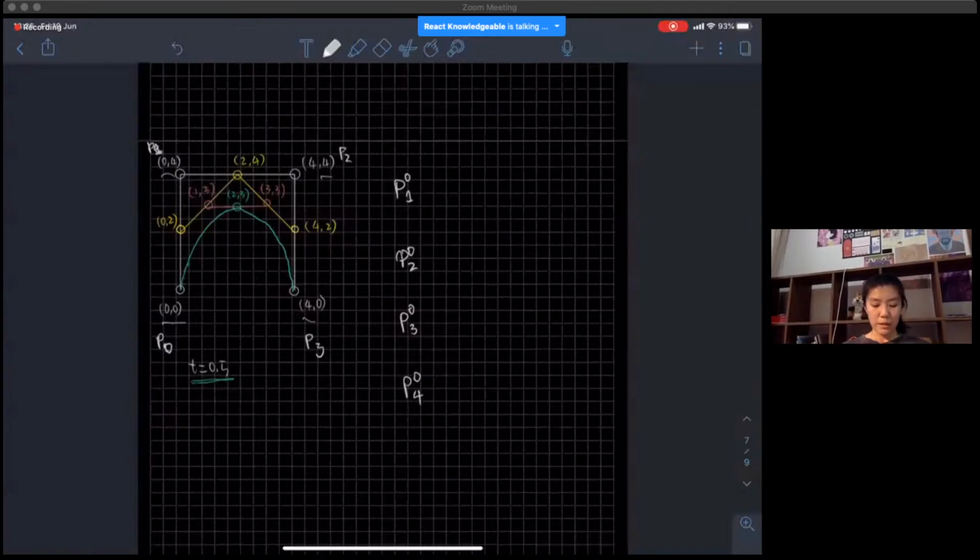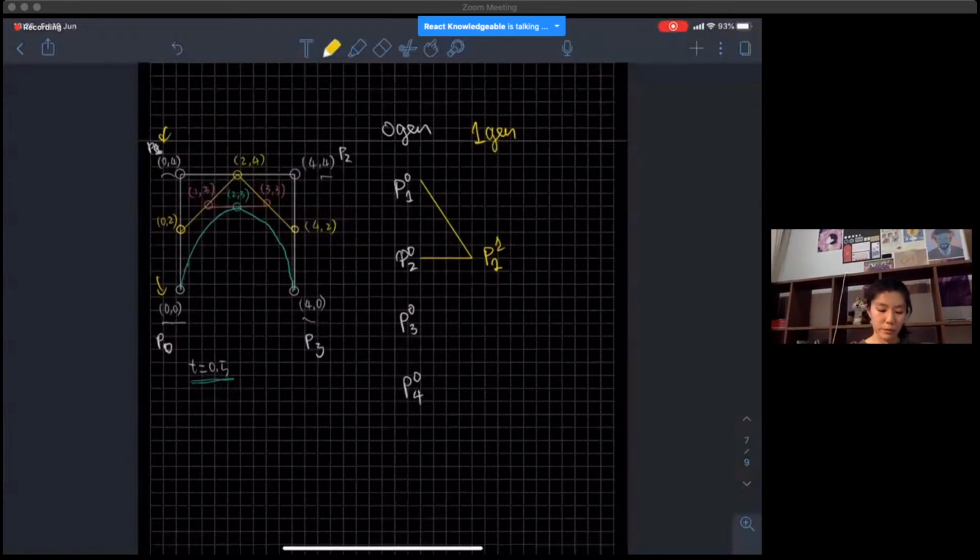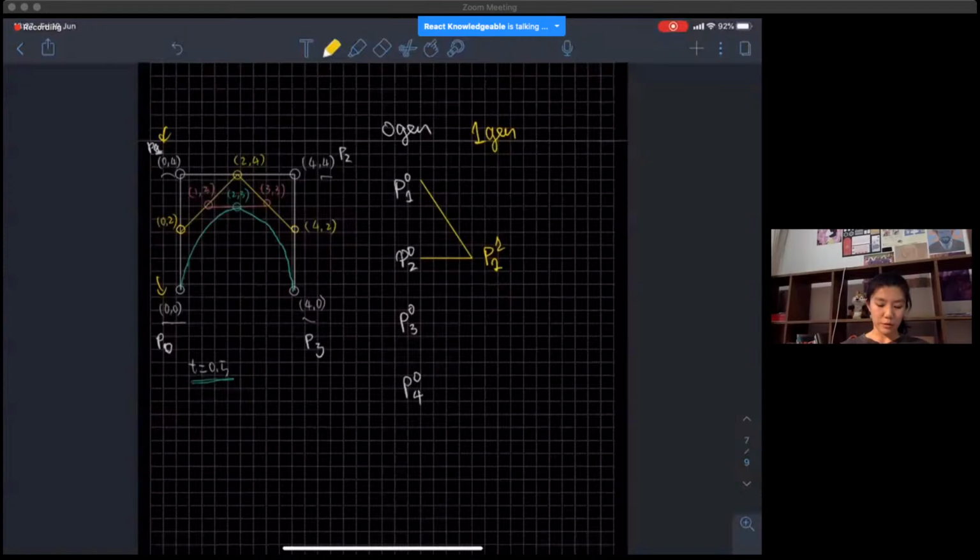And how did we get the yellow points? What we did was we take P0 and P1 of the zeroth generation, and we use these 2 points to figure out the first point, which is the first point of the first generation. And how do we get these? I'm not going to do the math here, but you will have to believe me that this is P0 of 0 multiplied by 1 minus t.